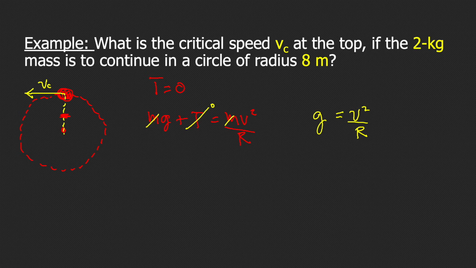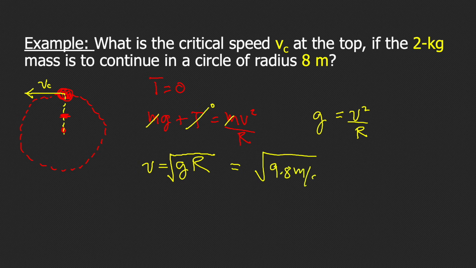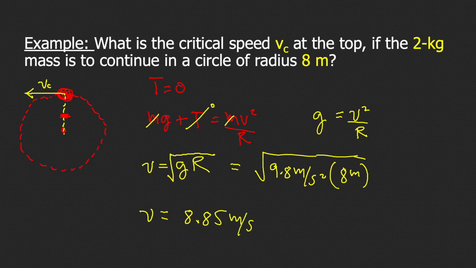Now to get v, just cross multiply, g times r, but since we have a square for v, to cancel that square, you can just square root this. Substituting the values, that's the square root of 9.8 meters per second squared times r, which is 8 meters. That gives us v is equal to 8.85 meters per second. So this is the critical speed.